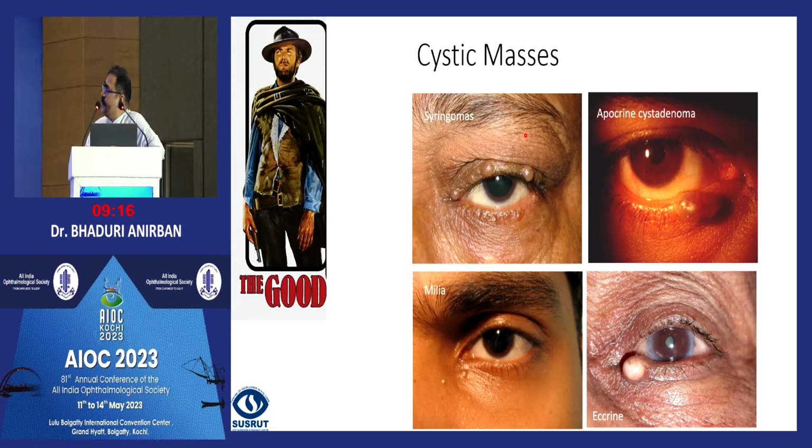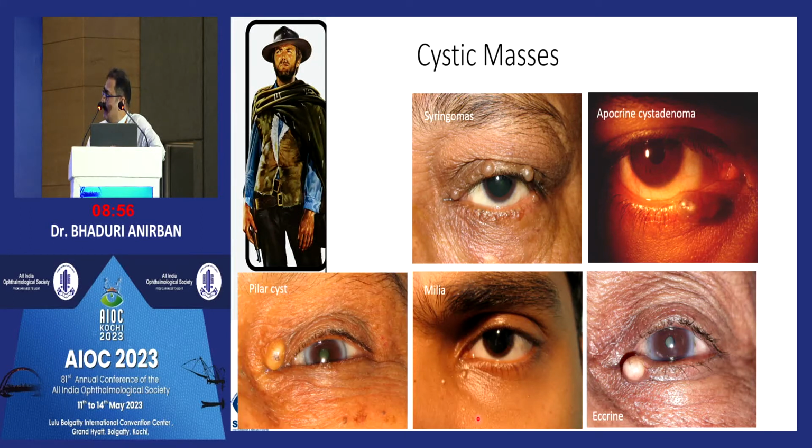Look at these multiple cysts which also arise from sweat glands, which are syringomas. And this is a common condition which is because of blocked sweat glands, known as milia. Now, all of these are benign conditions. All of them are cystic lesions. Okay.